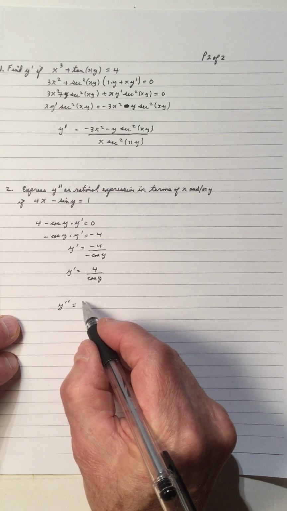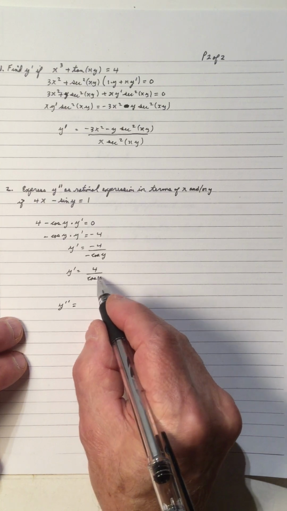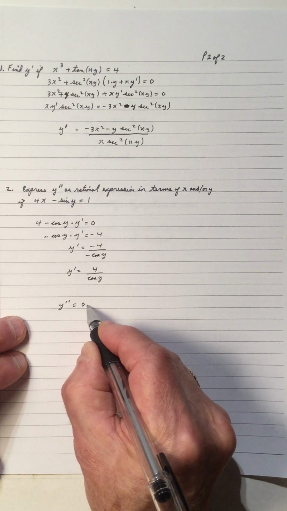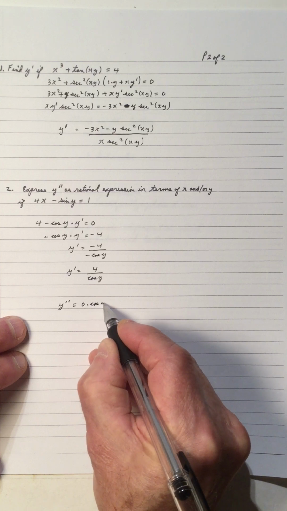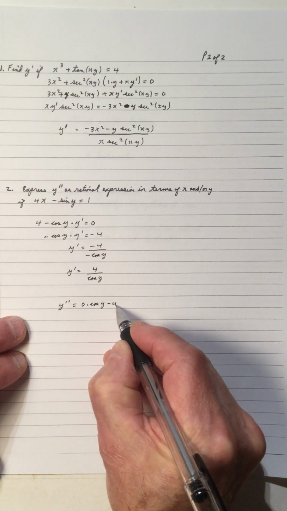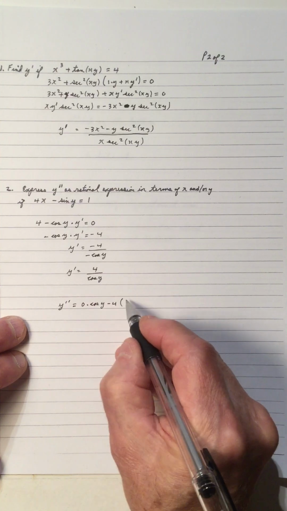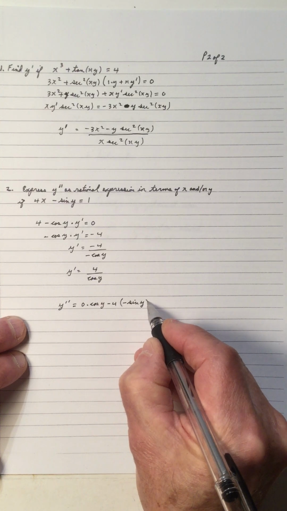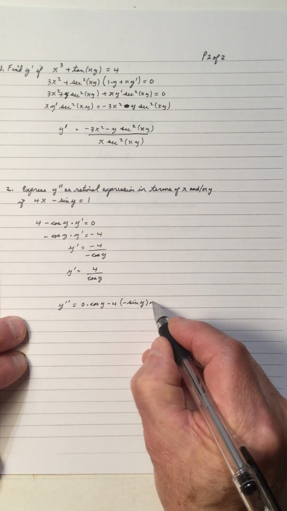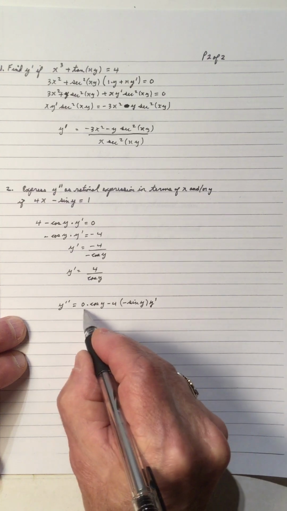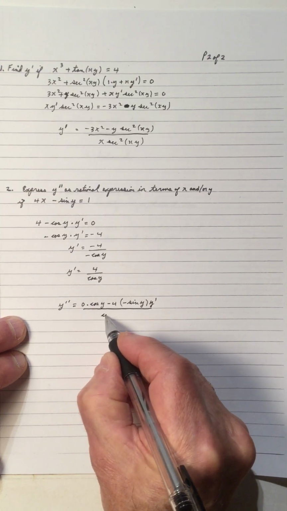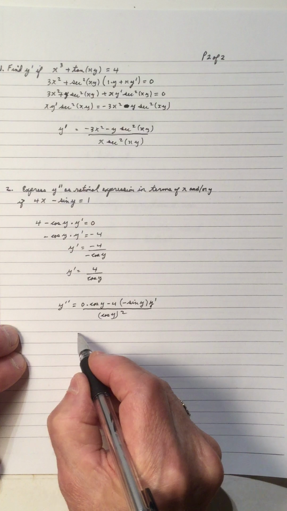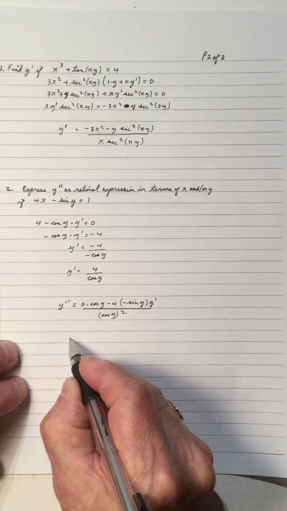So the derivative of 4 is 0 times cos y, minus 4 times the derivative of cos y, which is negative sine y, and the derivative of y is y prime, all over cos y squared.